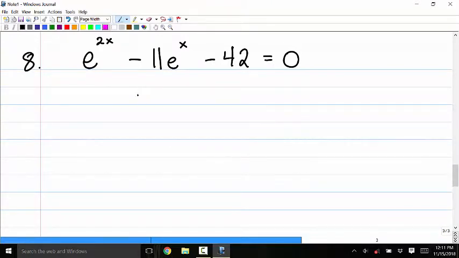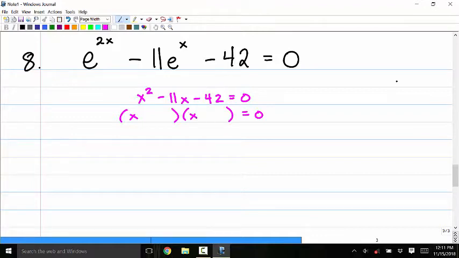If I wanted to factor x squared minus 11x minus 42 equals 0, what would my 2 factors be? 14 and 3, right? Minus 14 and plus 3 would give you minus 11x minus 42. Trust me on that.